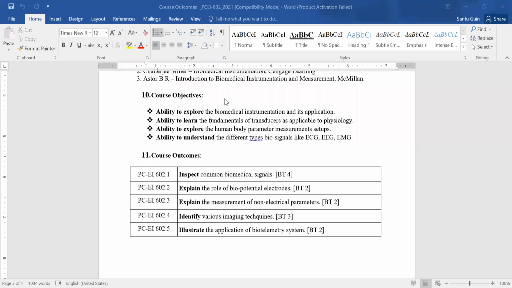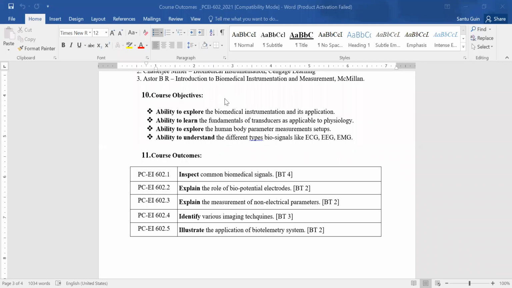The fourth course outcome is to identify the various imaging techniques. Different devices and instrumentation systems are there, and you can identify which is to be used for measurement of a particular parameter. The fifth course outcome is to illustrate the application of biotelemetry systems. We have heard about telemedicine.